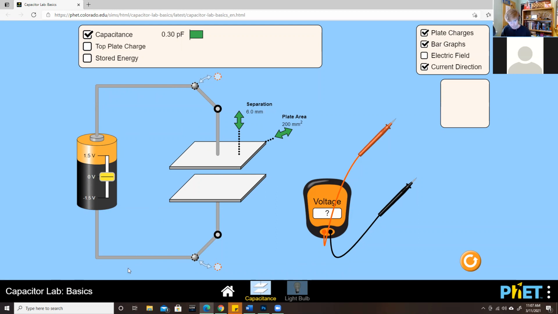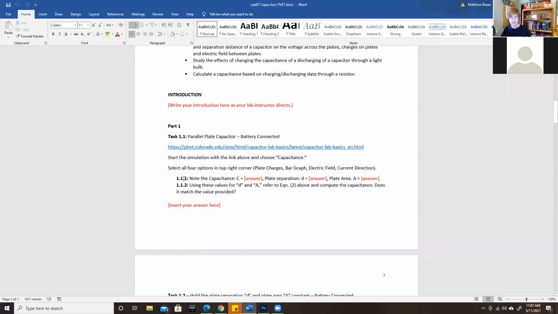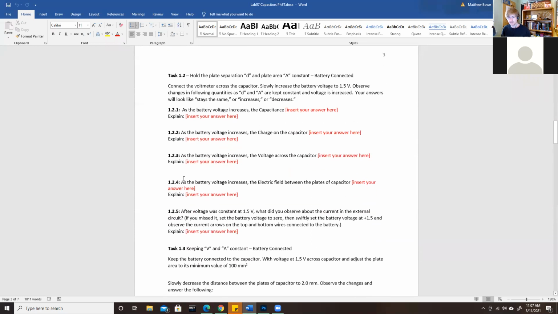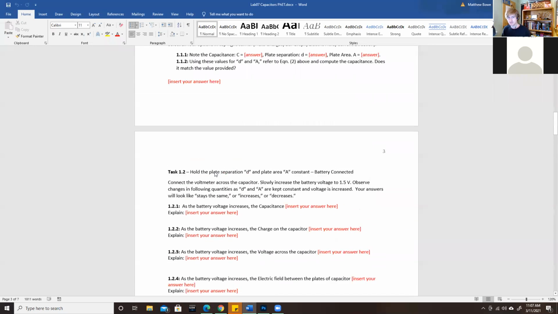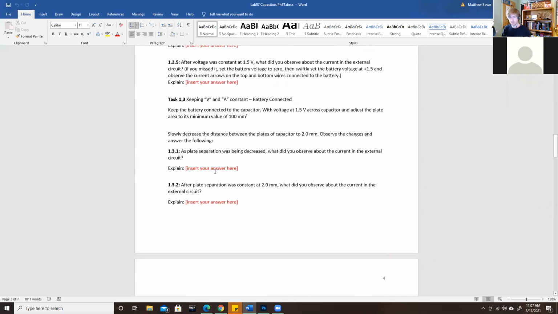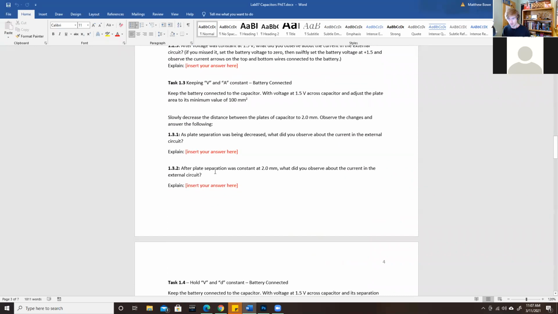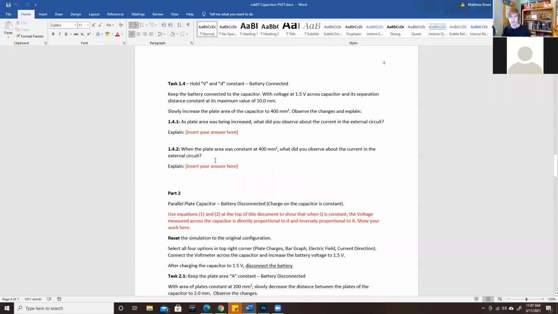Let me go over to the instructions. So for the first bits, it's just sort of small measurements and some qualitative things. What do you observe? Later on, we're going to be subtly changing a thing about the system. So let's go back to it.